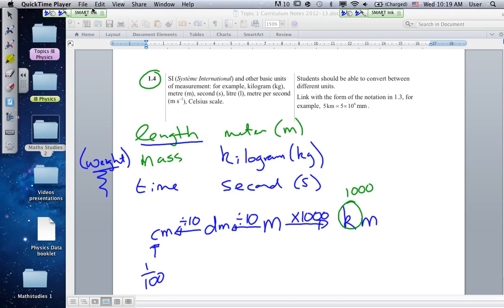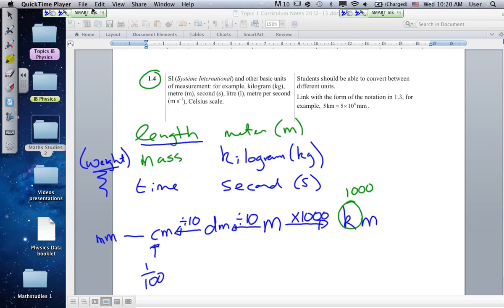A centimeter is 1/100th of a meter. So there's 100 centimeters per meter. Okay, so you've got to follow that conversion. A millimeter is a further 10 down.